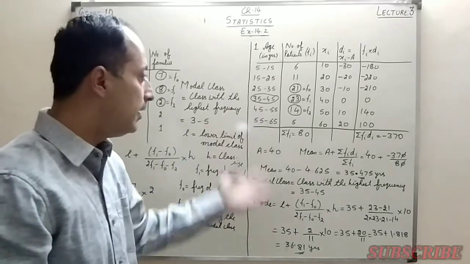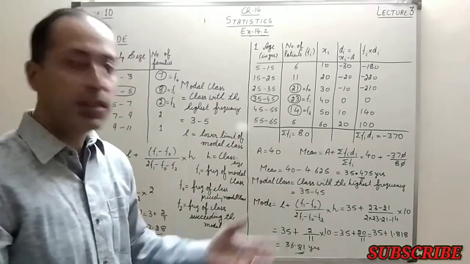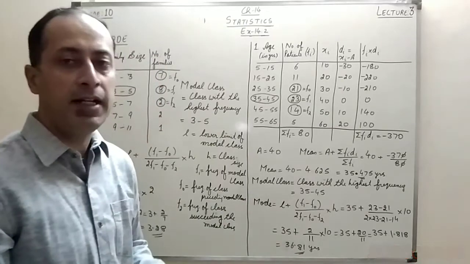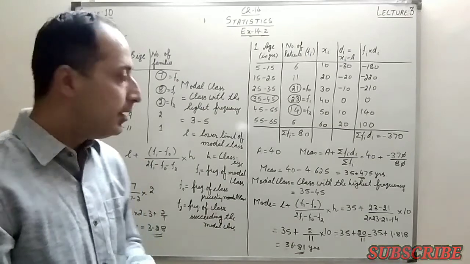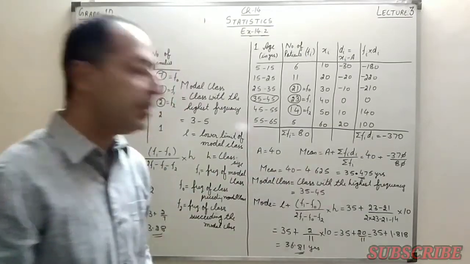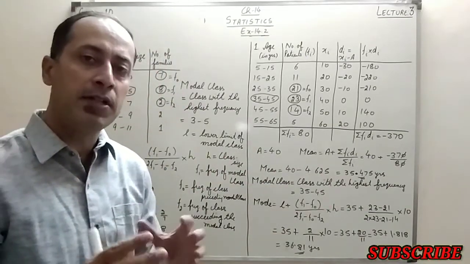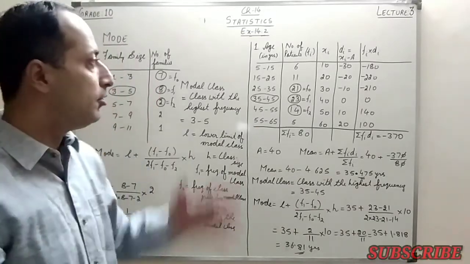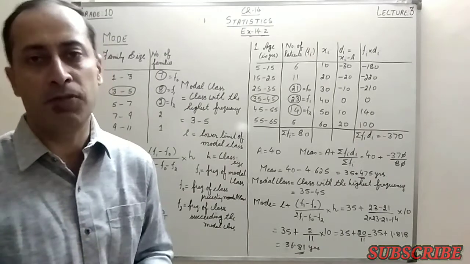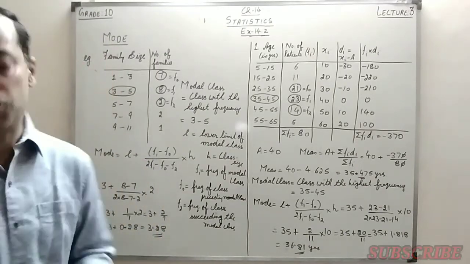Although it is not the actual value, it signifies that more people of this age were admitted. And the mean shows that the average age of the people admitted in the hospitals was 35.475. So this was question number 1 of exercise 14.2. Let's go to the next question now.